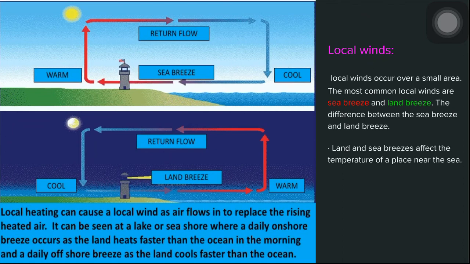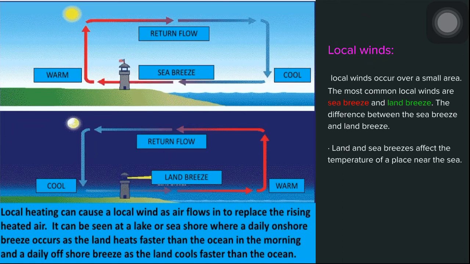During the night, land cools down more quickly than the sea, and a high pressure area forms over land, while a low pressure area forms over the sea. Due to the difference in pressure, wind blows from the land to the sea, resulting in a land breeze.